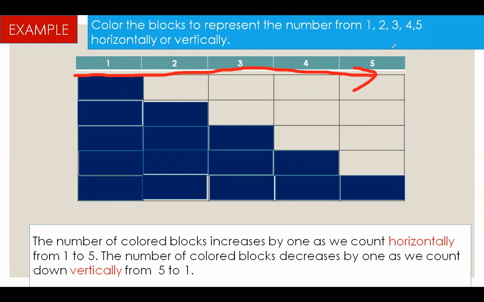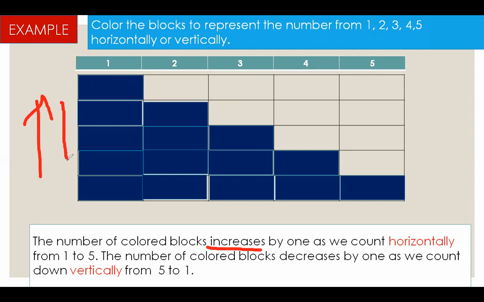That side. All right, so next, the number of colored blocks decreases. Remember, here is increases, means up. When we say decreases, means less or small, or we remove something, or there's something missing. Okay, so say for example, I will give you this one to clear this out.